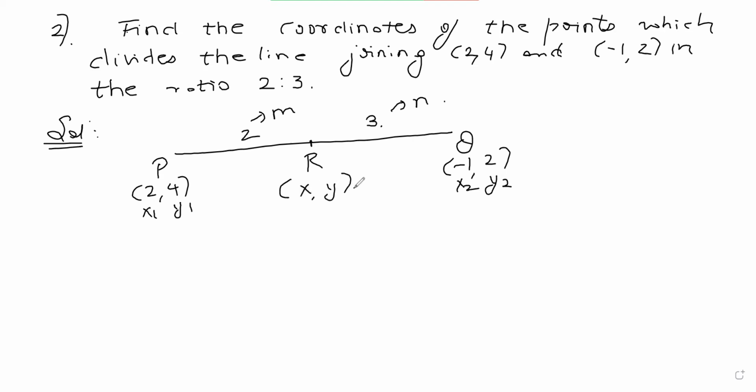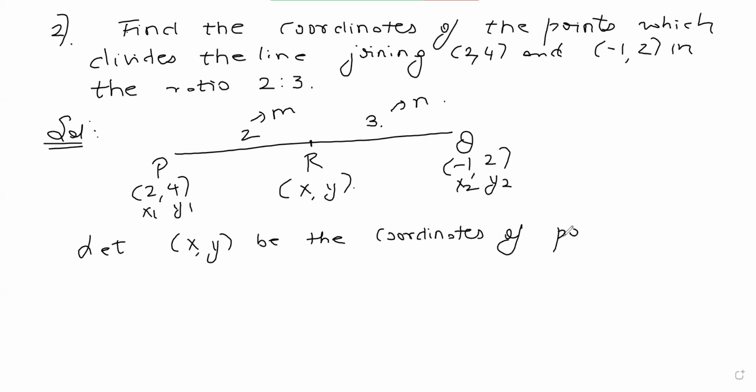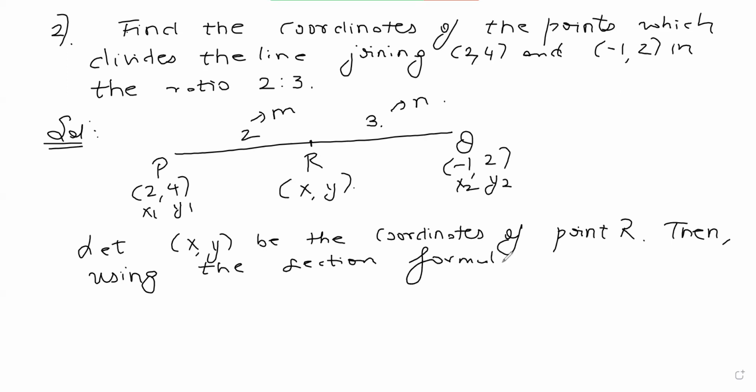So I can say let x comma y be the coordinates of the point R. Then using the section formula, I can write that x is equal to mx2 plus nx1 over m plus n.